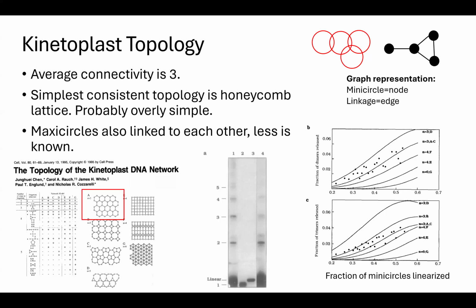And by looking at the ratio of double loops to single loops or triples to singles as a function of how much of the DNA they cut, they can compare that to what different lattices predict, just with some basic graph theory. And the conclusion was that each mini circle is linked to three others on average. So it's said to have a valence of 3. And the lattice that was most consistent with the data was the honeycomb.